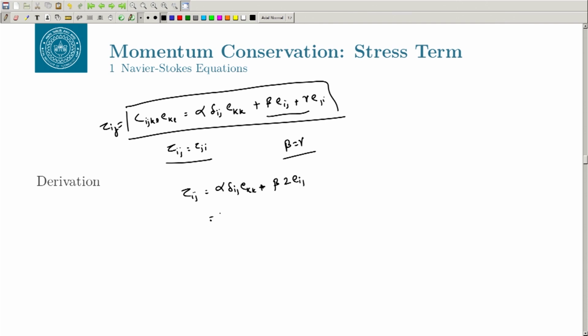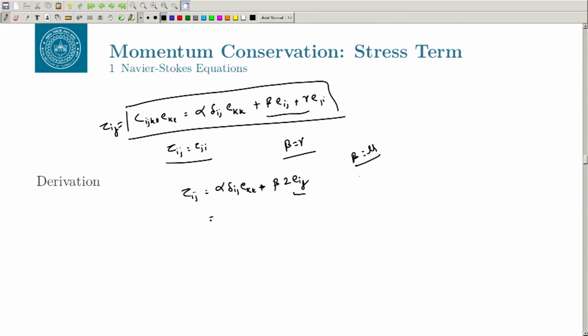Now, we know that our stress is proportional to the strain rate, right, in the case of fluid. In the solid we have discussed stress is proportional to the strain, right. So, if you use this identity, this is your strain rate tensor E I j. So, then your beta becomes your viscosity, okay.